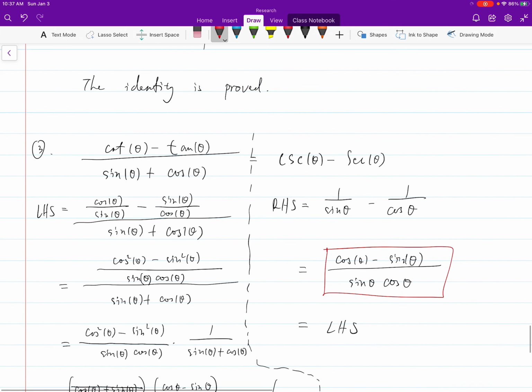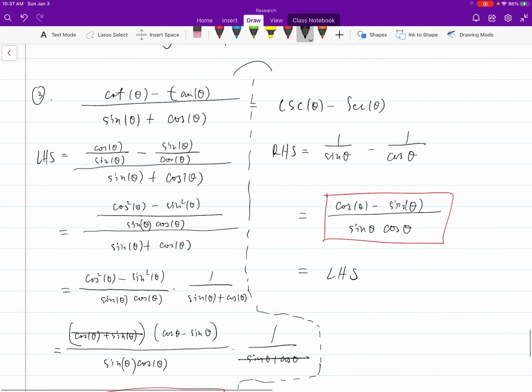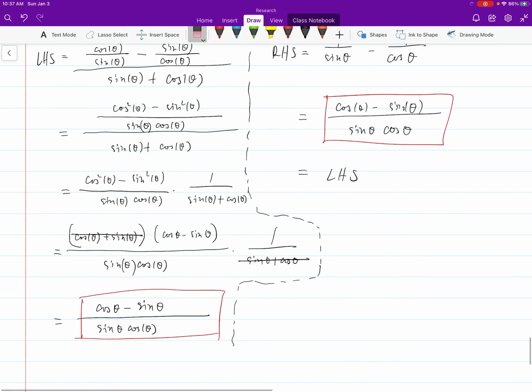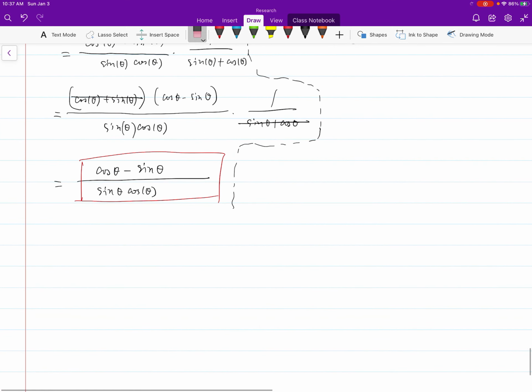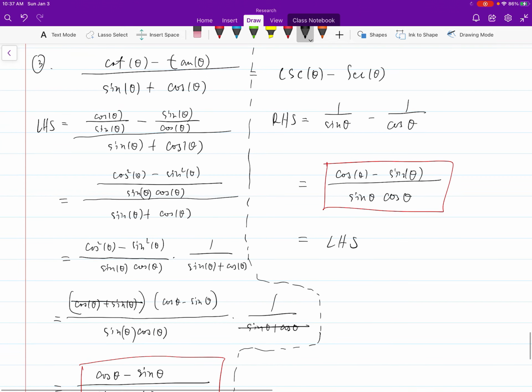You realize they are the same already. That feels good, isn't it? It's so complicated from the beginning. There's no way you can see the connections, but now they are actually the same thing. Maybe this already gives you some construction of some kind, the rooftop of a building. Okay? So, great. The identity is proved.